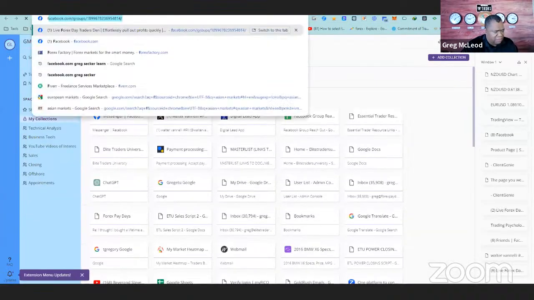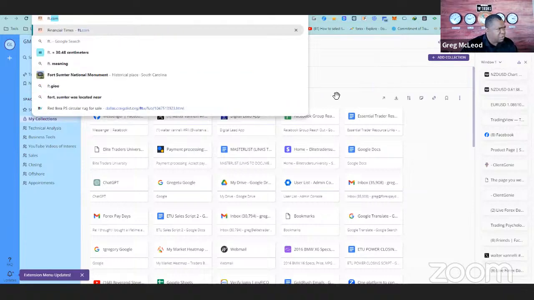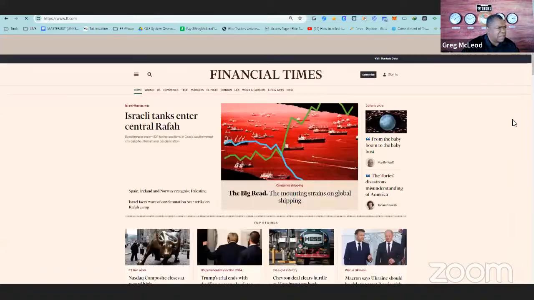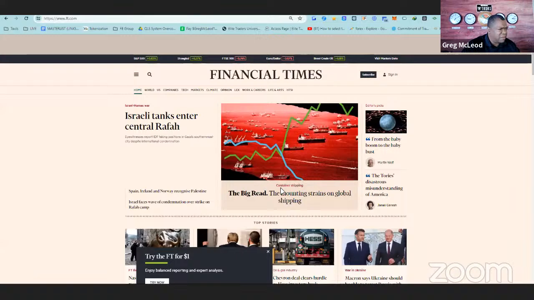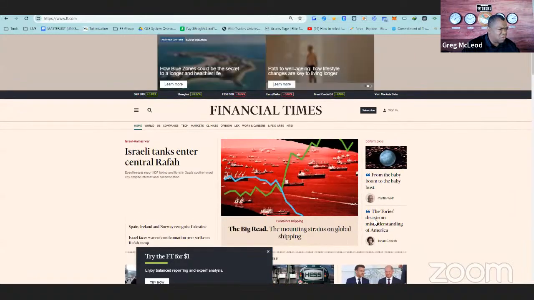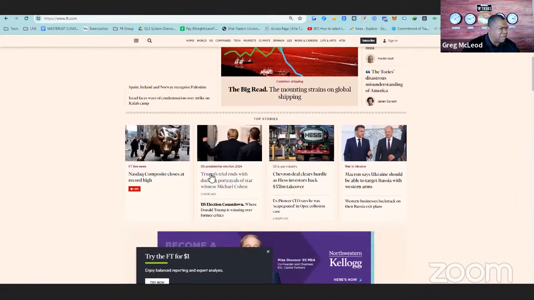I also like checking out some of the news, like financialtimes.com or CNBC, just to see if there's any major news. Israeli tanks enter central Rafah, get the flashpoints. Mounting strains in global shipping, and some trials of Trump land.